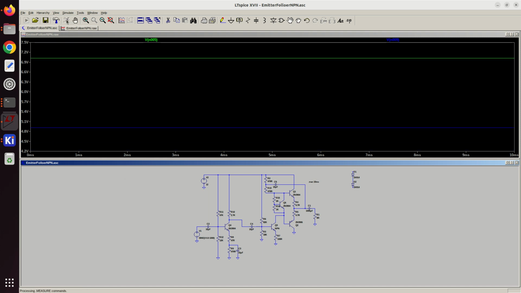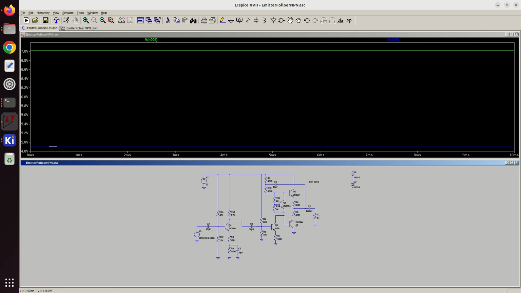But now if I run this, we're going from approximately 4.9 to 7.1 maybe, which is 2.1 give or take. Yeah, so it's three volt. This is now the equivalent of 3 diodes.